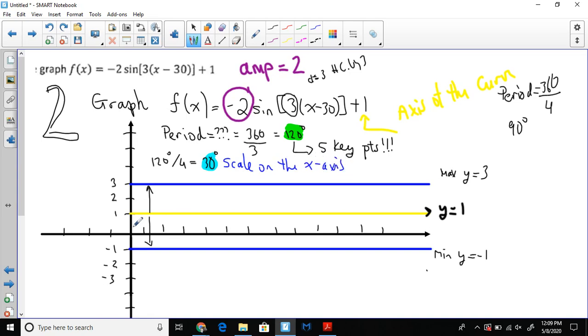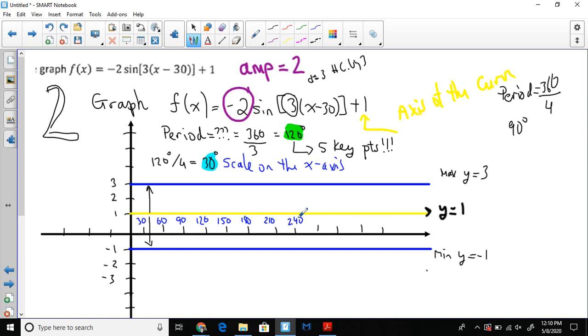So that means every tick mark I have here is 30, 60, 90, 120. That's nice, isn't it? Now I could keep going because I just keep adding 30: 150, 180, 210, 240, but we're just going to graph one cycle.